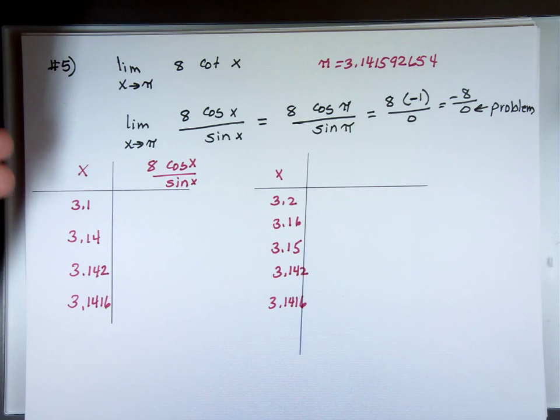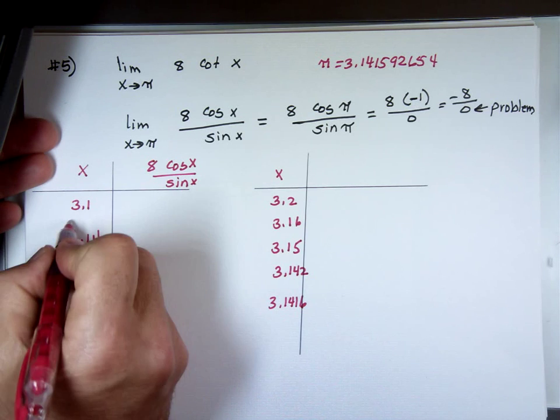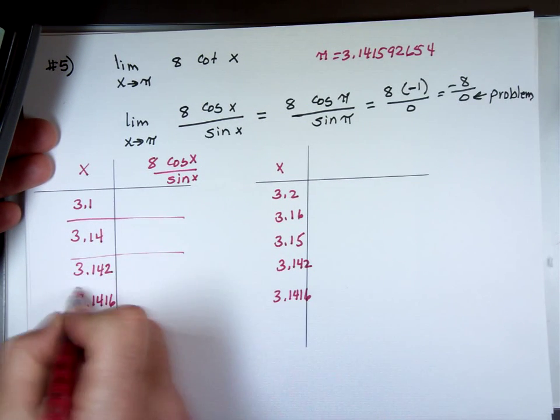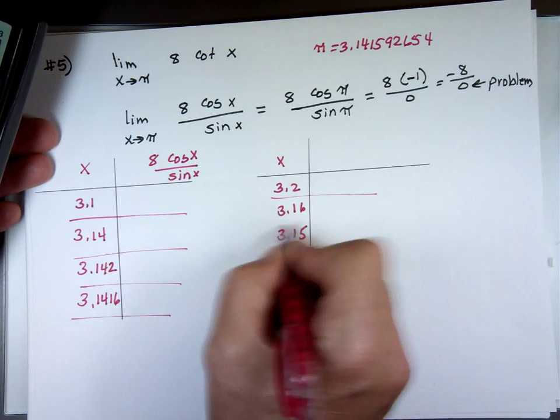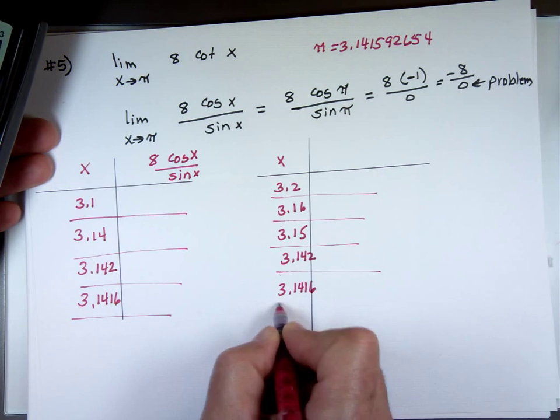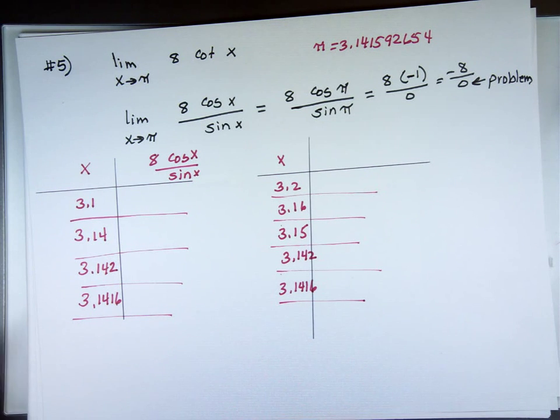So I get the left side and the right side, and I'll see what the y value is for each one to see if I can see the result. Y equals 8 times cosine x divided by sine of x.